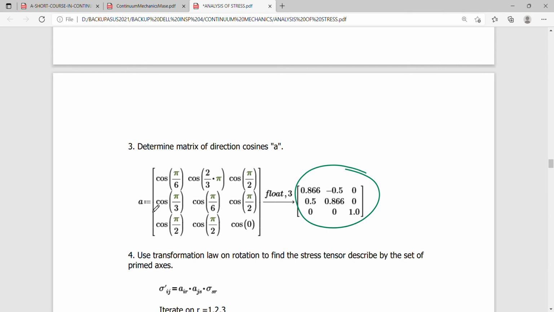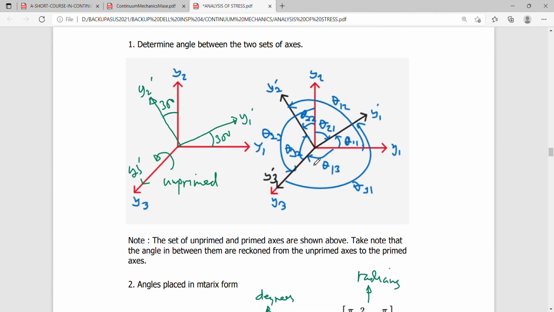So this A here constitutes these values based on the cosine of the angles obtained from here. I'd like you to take a look at how the angles were obtained, and if you have questions later, you can ask me, or we can check if there are some errors on these values.